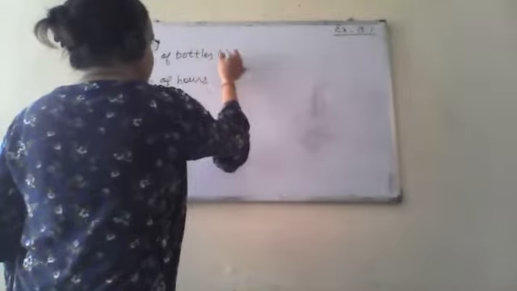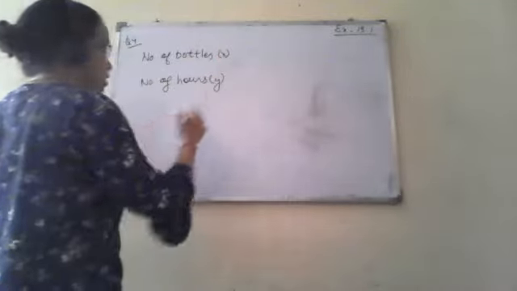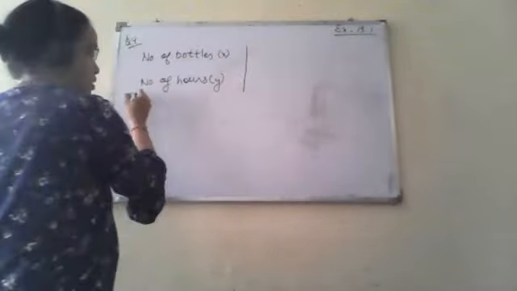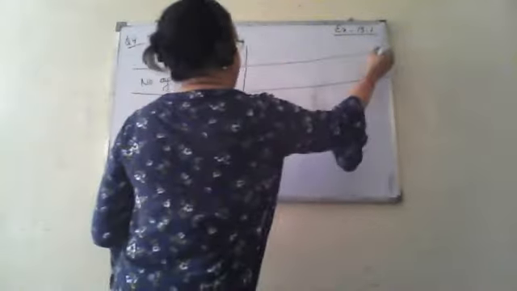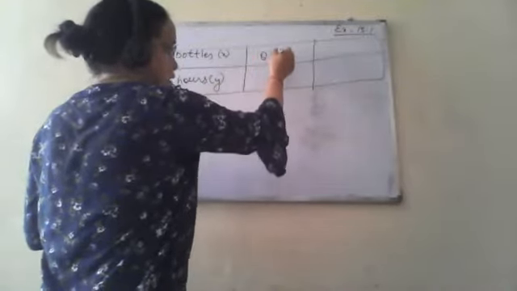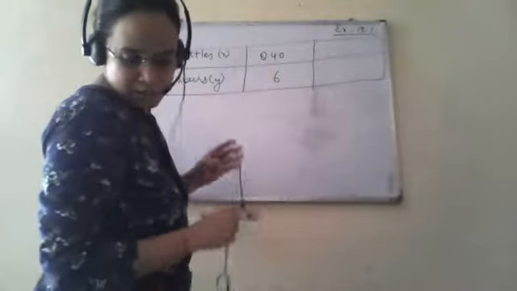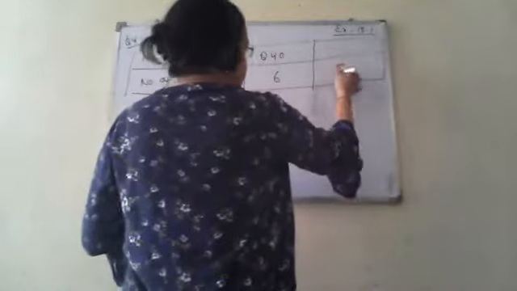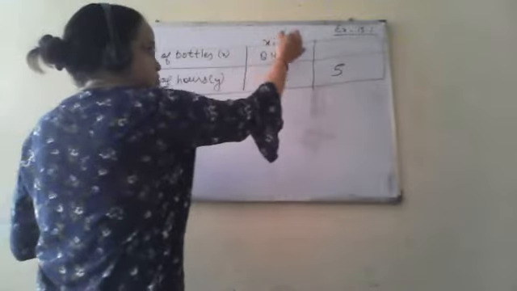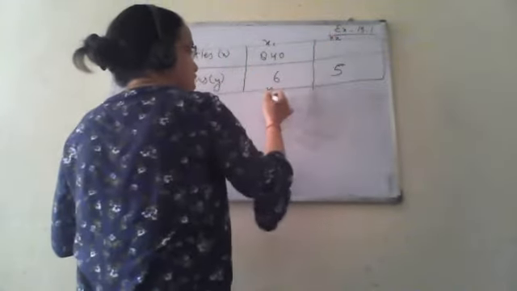So this is our x, this is our y, and simple. So 840 bottles were filled in 6 hours, and we have to calculate how many bottles can be filled in 5 hours. Okay. So for corresponding x, this is x1, this is x2 again, this is y1, and this is y2.